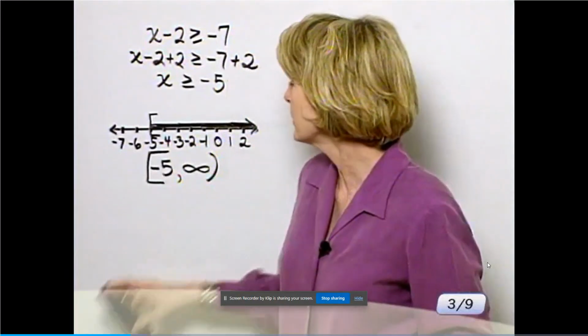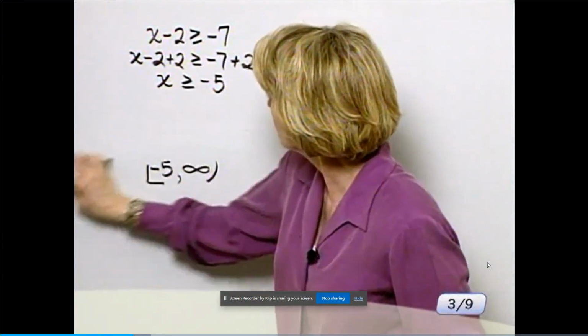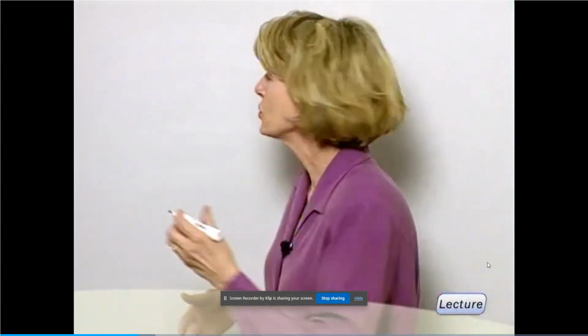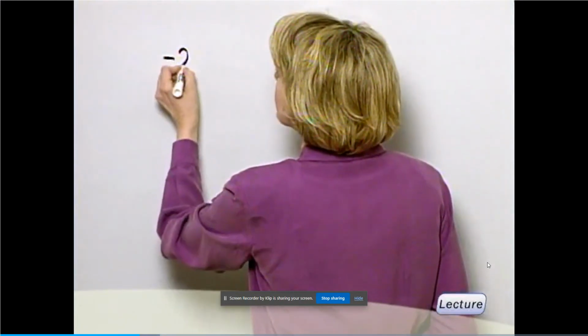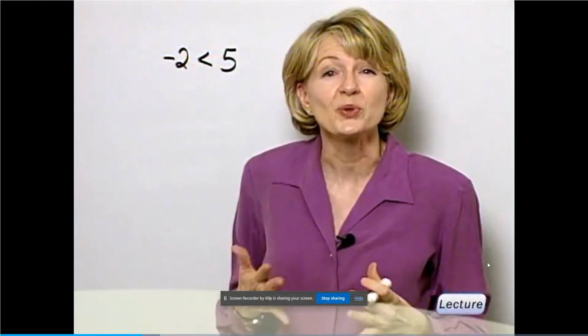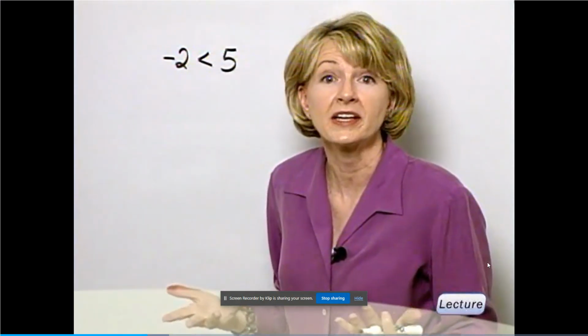But before we look at that multiplication property of inequality, let's look at a few examples dealing with multiplication. For example, I know that negative 2 is, say, less than 5. That is a true statement. Let's multiply both sides of this inequality, say by a positive number, 3.